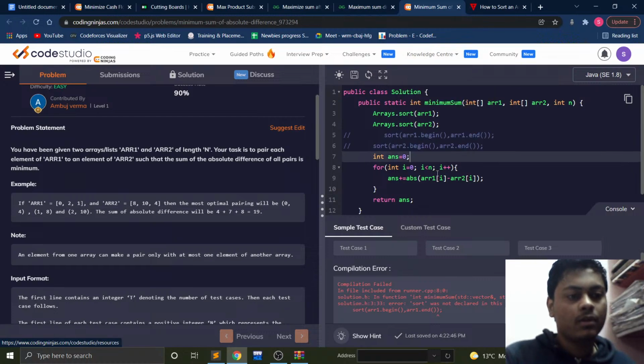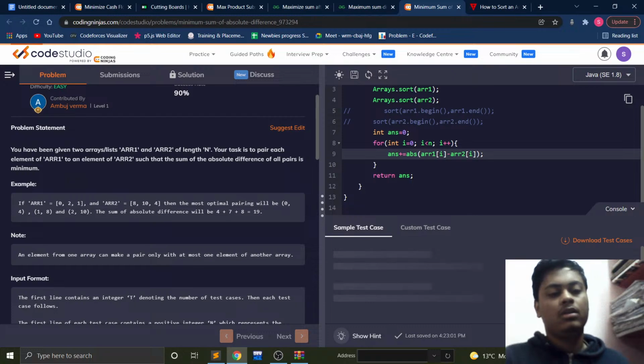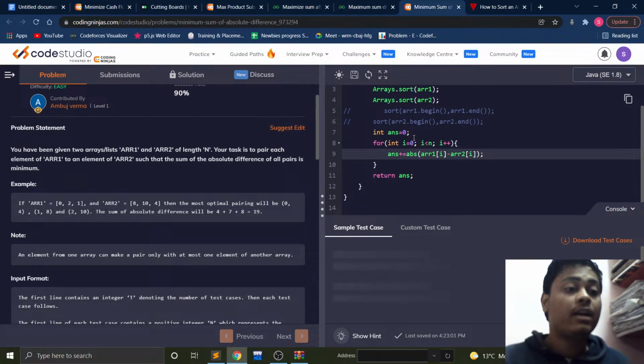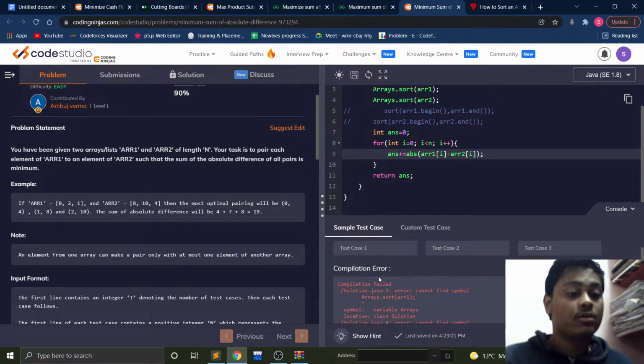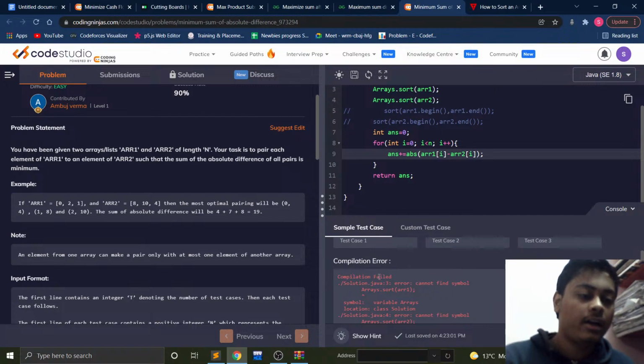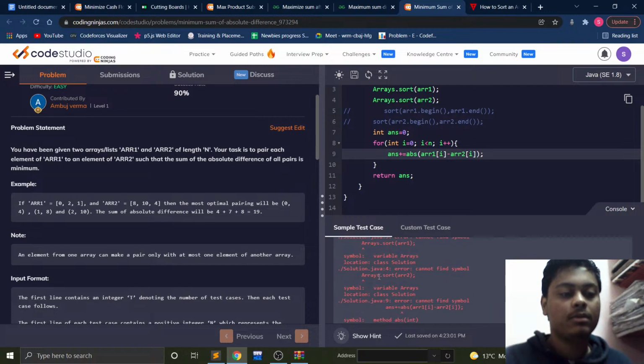I think afterwards everything is the same. Math dot absolute is not defined, right? Arrays dot sort cannot find symbol Arrays. Very nice. Sorting is not possible here as well.